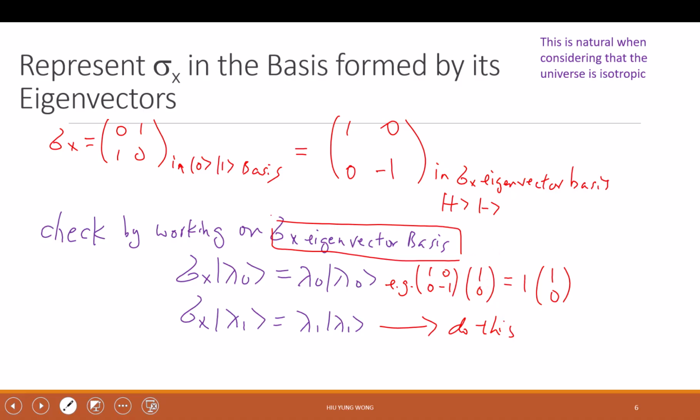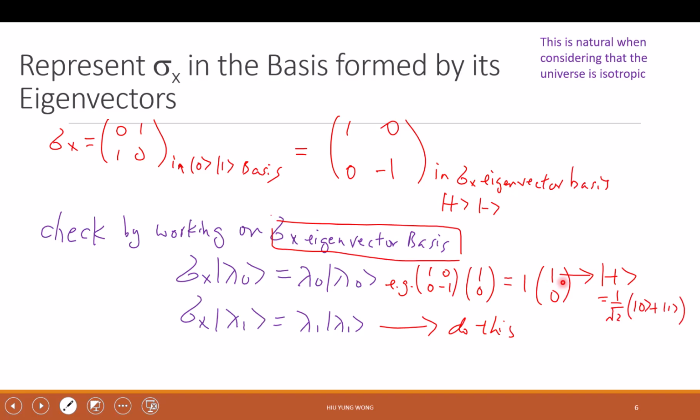Now when I say I have 1, what is the meaning of 1 here? 1 part of what? 1 part of lambda 0, or plus. Yeah, lambda 0 is plus. Very good. Which is equal to 1 over square root 2, 0 plus 1.